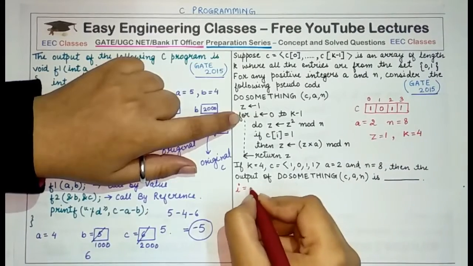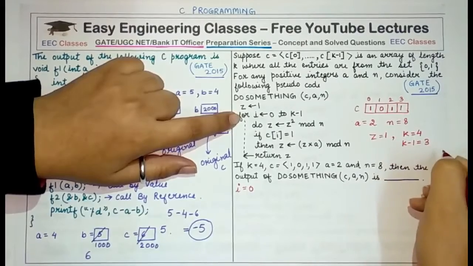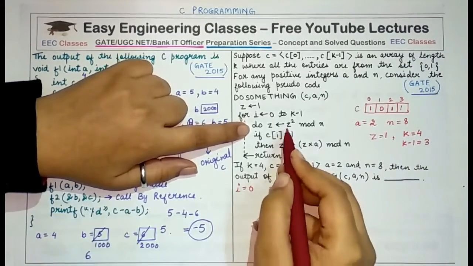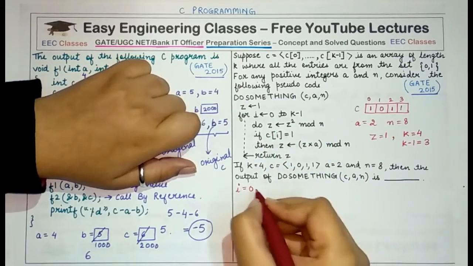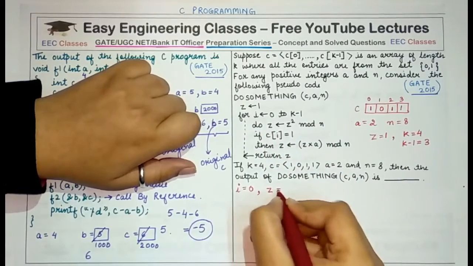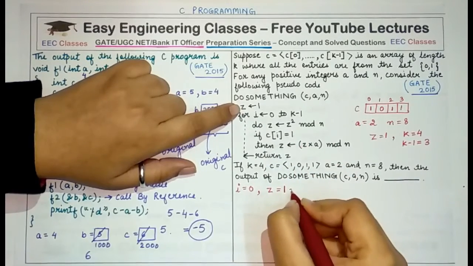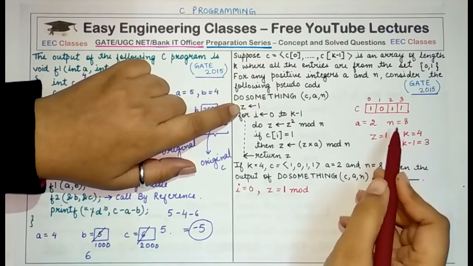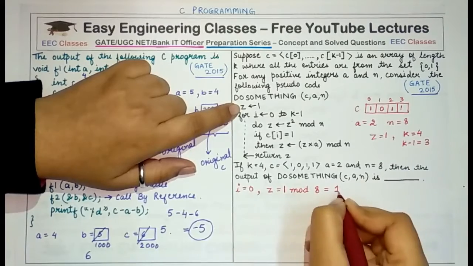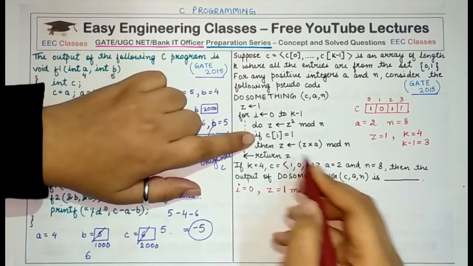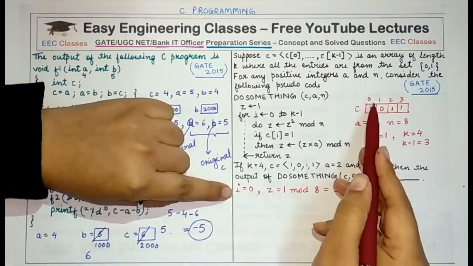Since I is equal to 0 and it is less than 3, what we do? We assign z square mod n to z. Therefore, the value of z is changed to 1 square, which is 1 mod n. N is 8. So 1 mod 8 is equal to 1. So z gets this value as 1. If C of I is 1, now I is 0, so C of 0 is 1.